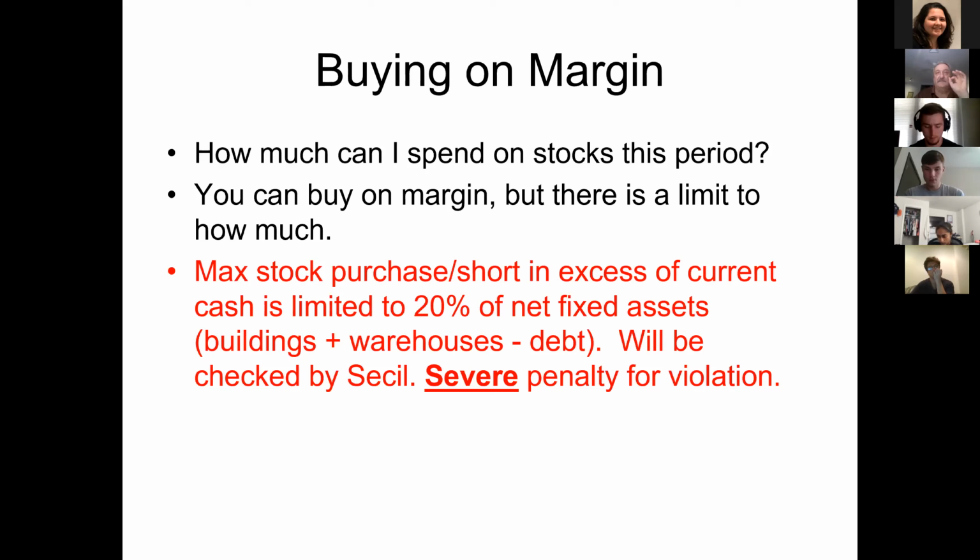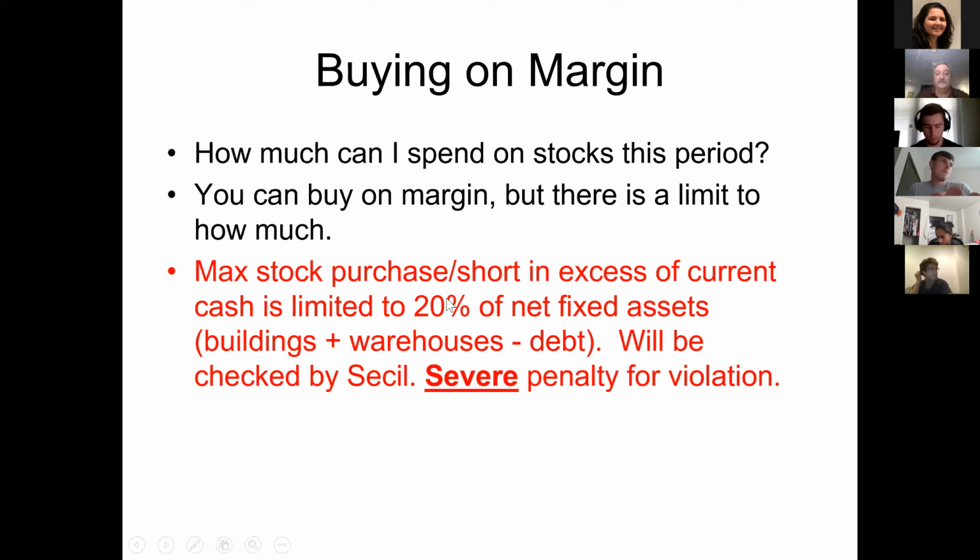Now, the business game does not check this. You could enter into your decision form, give me 1 billion shares of company 3, and it would buy 1 billion shares of company 3, and it would take out a huge loan on your behalf. But that violates this margin limit, right?